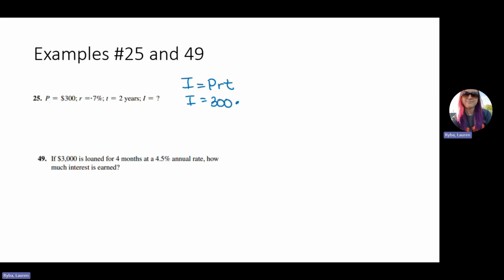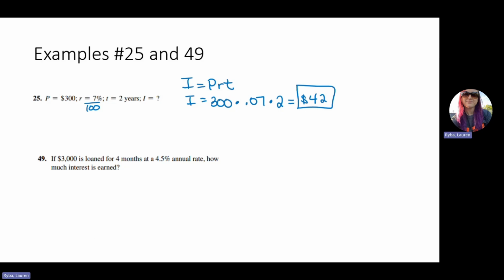Rate is 7%. So if I take 7 divided by 100, that is 0.07. That is going to be plugged in for R. And then T is 2. And all you have to do is grab a scientific calculator. You're just going to type 300 times 0.07 times 2, and you should get $42.